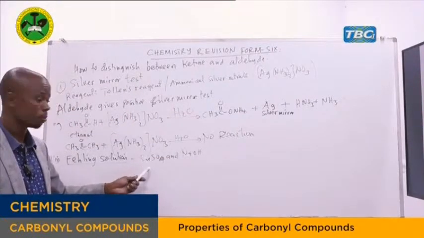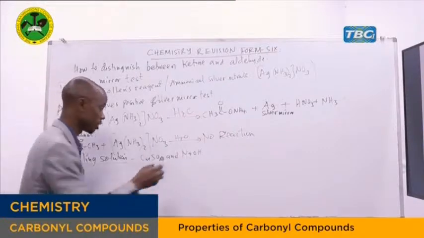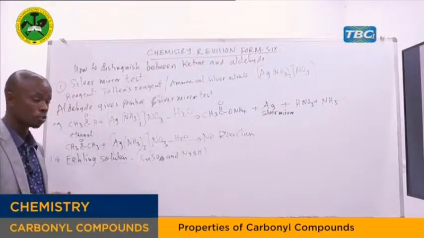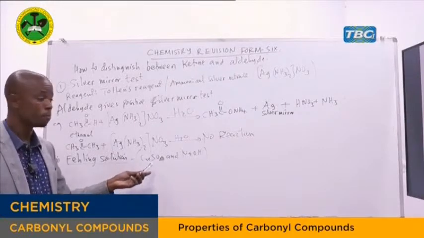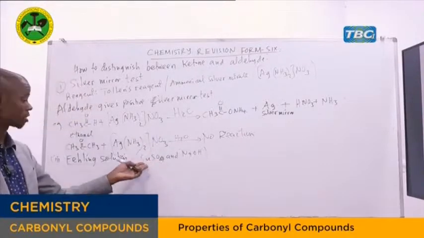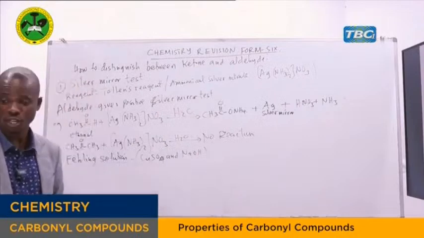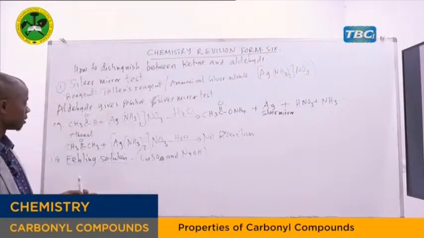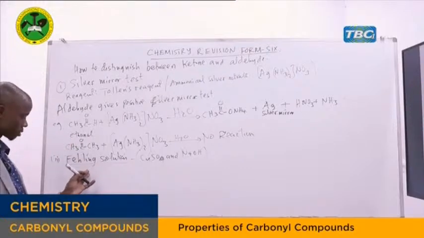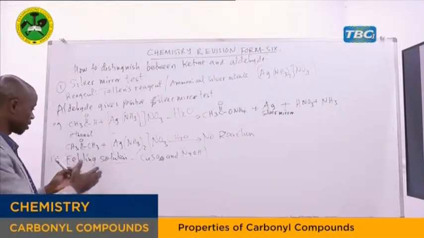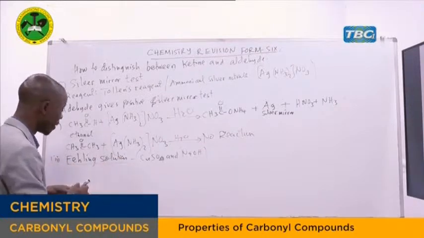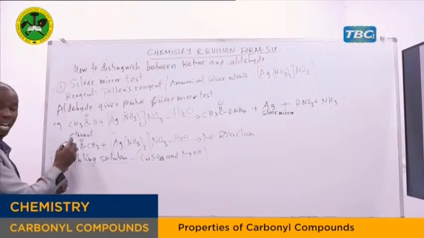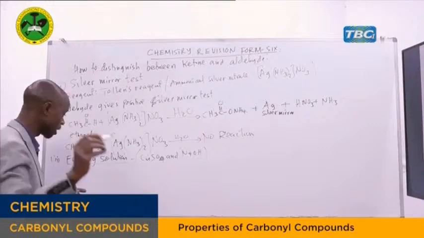This copper(II) ion, because this also is a mild oxidizing agent, will itself be reduced into copper(I) oxide, which will look like a brick red precipitate. The aldehyde will give a positive Fehling's solution test, but ketone does not. Why aldehyde? Because it is a strong reducing agent.